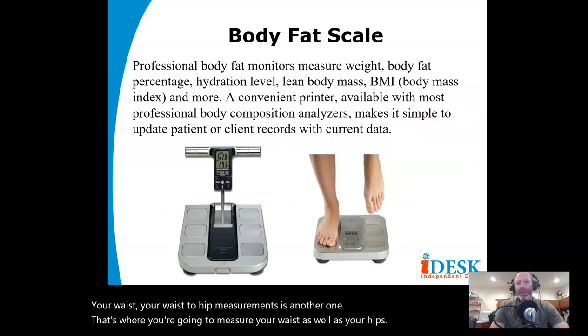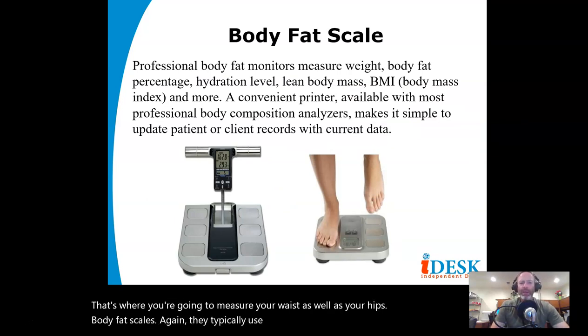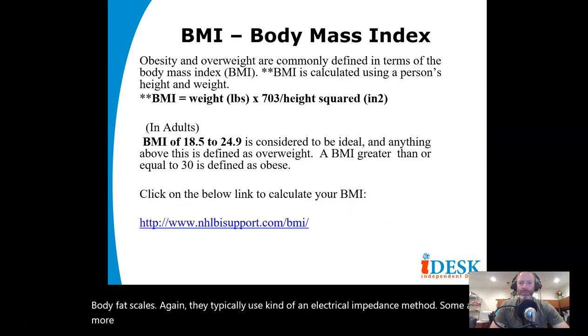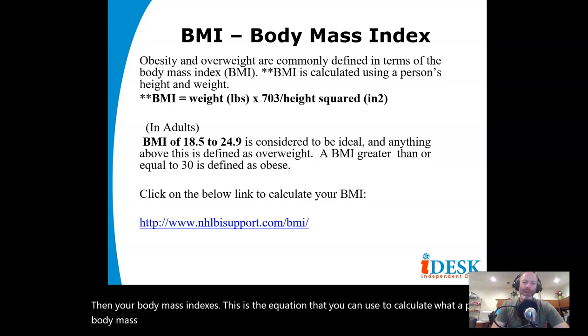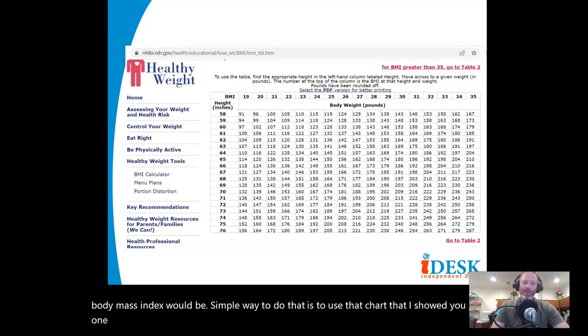Body fat scales, again, typically use an electrical impedance method. Some are more accurate than others. Then your body mass index, this is the equation that you can use to calculate what a person's body mass index would be. A simple way to do that is to use the chart that I showed you in part 1, which I've also included in part 2 right here.